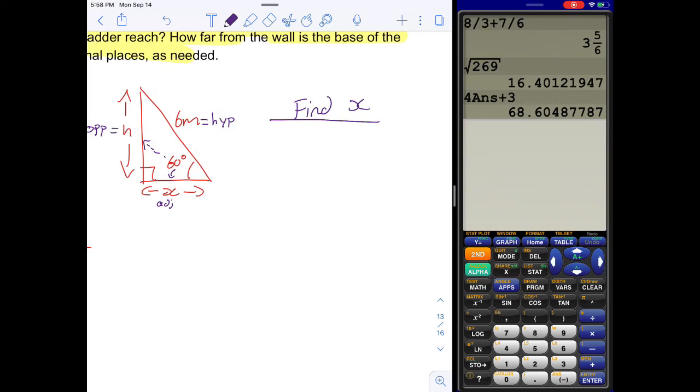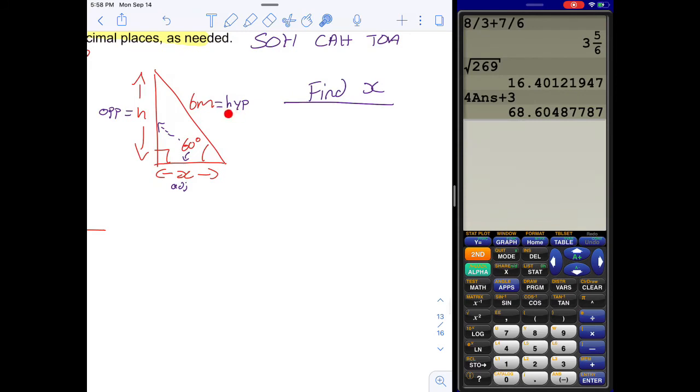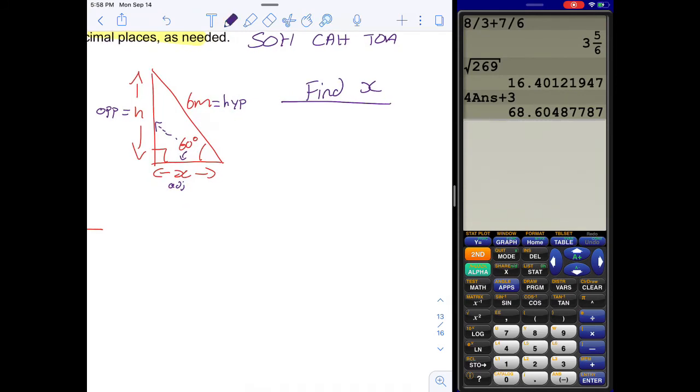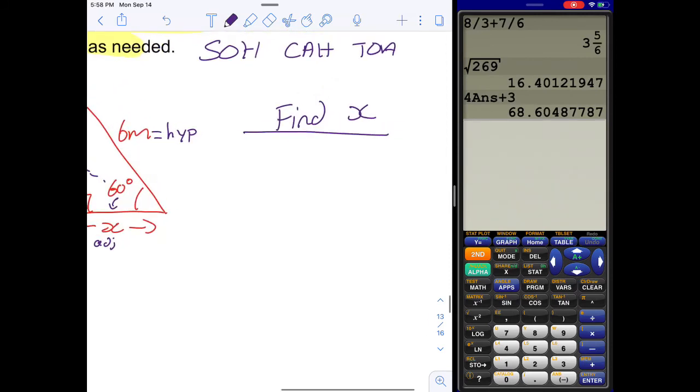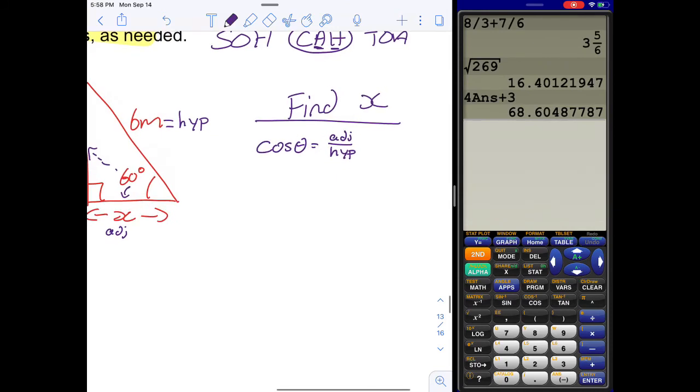How do we find x? Well, let's go through SOHCAHTOA. We're given hypotenuse, we're finding adjacent. What relates hypotenuse and adjacent? Adjacent hypotenuse, so it's going to be cos. So cos angle equals adjacent over hypotenuse. And now we can plug those in.